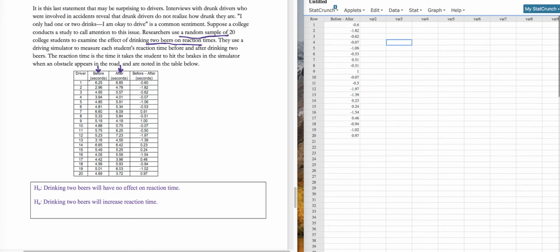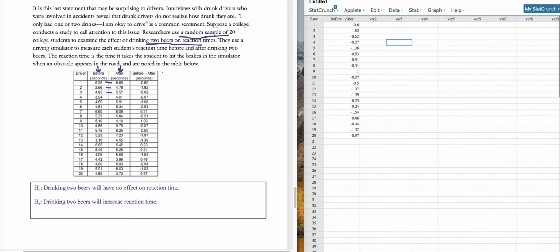We wouldn't just want to take the mean of all the befores and compare it to the mean of all the afters, because we would miss whether things are increasing or decreasing. If we just look here, person number 2's after time is much less than person number 1's before time. So it's very important that we match up each pair of data and keep those pairs together.